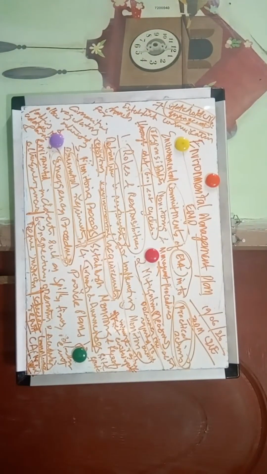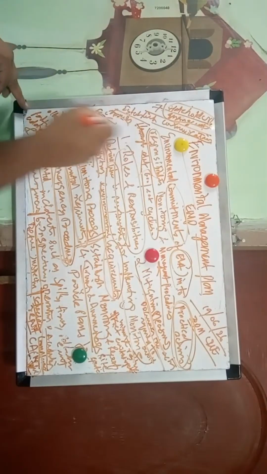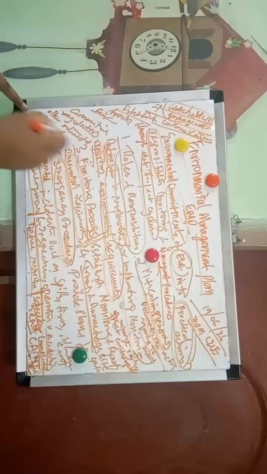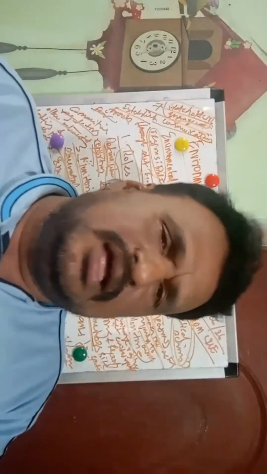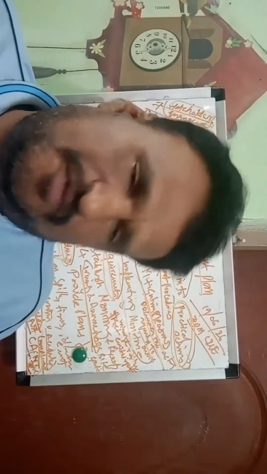So stakeholder engagement is important. Establish communication with regulators and other interested parties, and communities. Communities means the residents around the factory area. These residents also want to know what is happening inside the industry, because if the pollution is high, they are also affected.